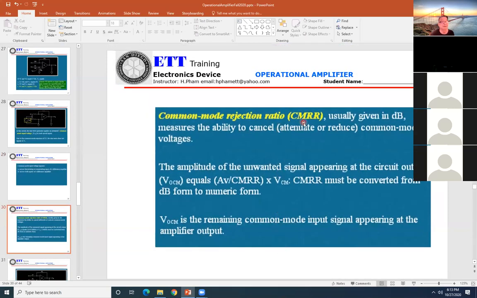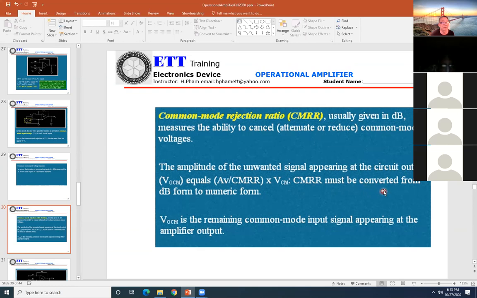Common mode rejection ratio, CMRR, is given in dB and measures the ability to cancel or attenuate, reduce common mode voltage. The amplitude of the unwanted signal appearing at the circuit output, V out CM, equals AV over CMRR times VCM.